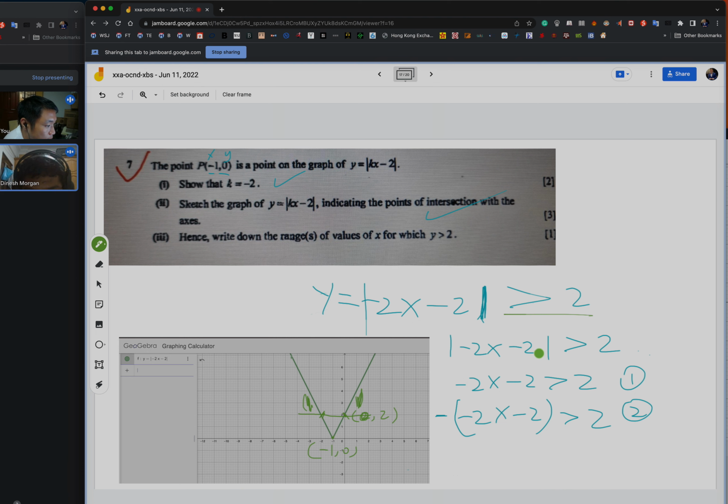Bigger means above. Yes, I should shade above. Okay, so this region is x smaller than negative 2, right? This region is x bigger than 0. Yeah, correct. So yes, you are right. Let's use hence. Thank you. So hence we must use this. Okay? So bigger than 2. Okay, this is negative. Okay, good. Makes sense.